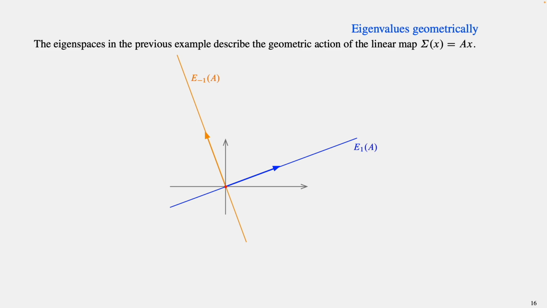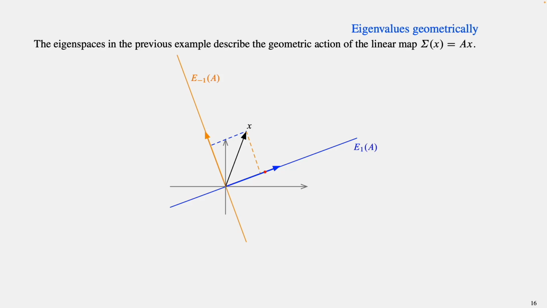And an arbitrary vector in the plane, let's say x, can be written as a linear combination of a vector on this line and a vector on this line. So it has this orange dashed line here, a component parallel to the -1 eigenspace, and the blue dashed line here, a component parallel to the +1 eigenspace.